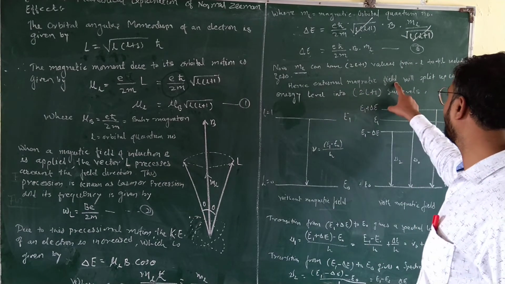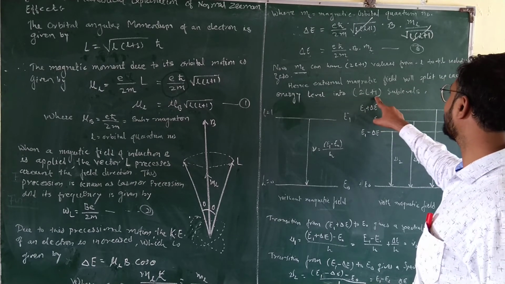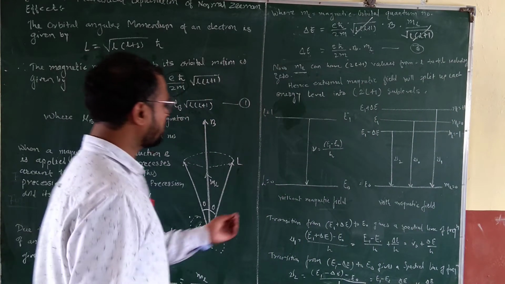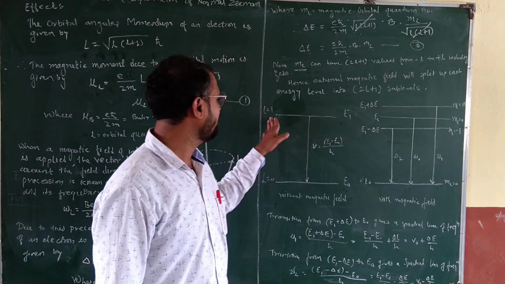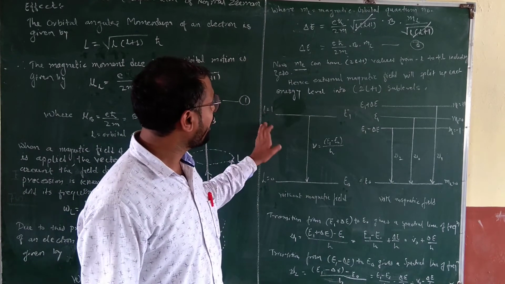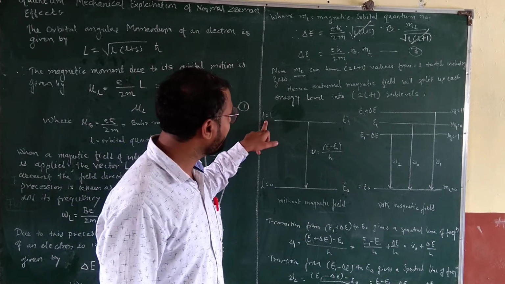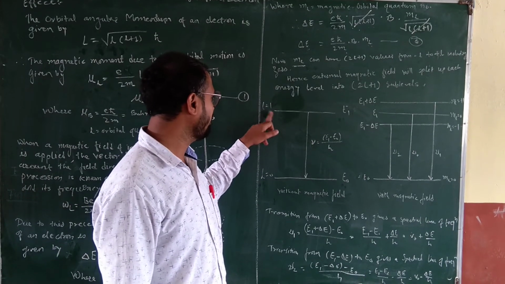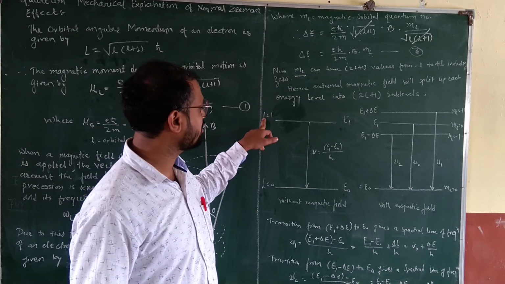Hence an external magnetic field will split an energy level into 2l+1 sublevels. Suppose without a magnetic field we have energy levels E0 and E1, with orbital quantum numbers l0 and l1. When we apply a magnetic field B, the orbital quantum number level is split into three lines.